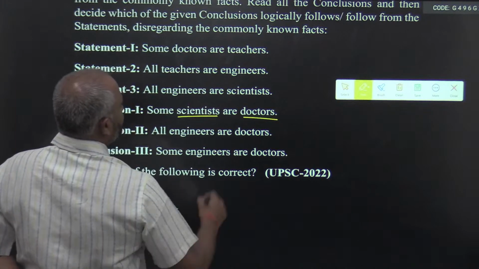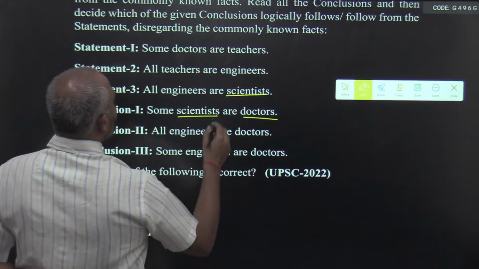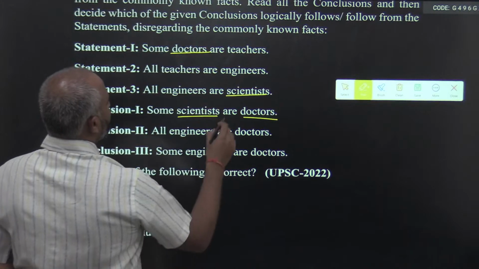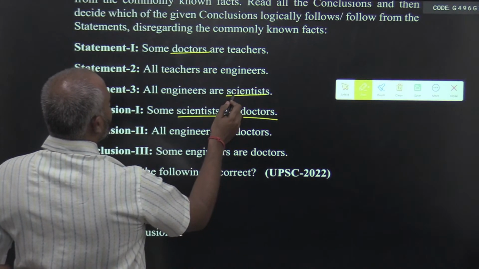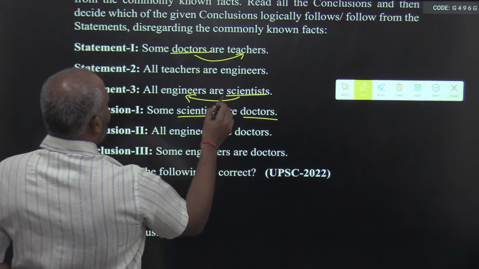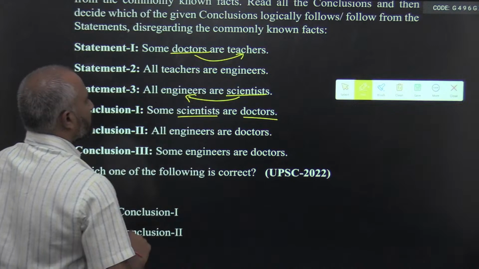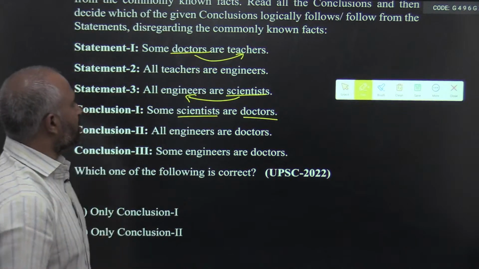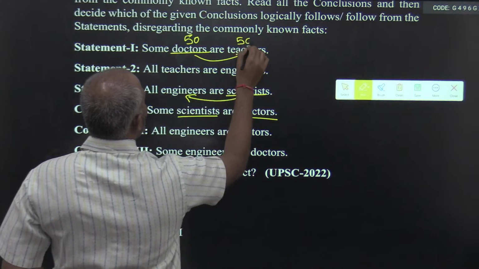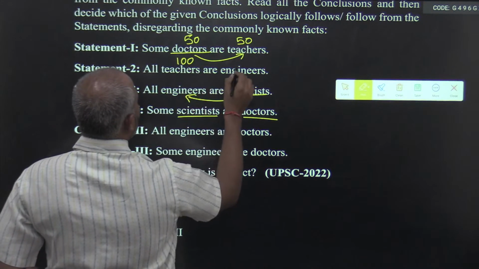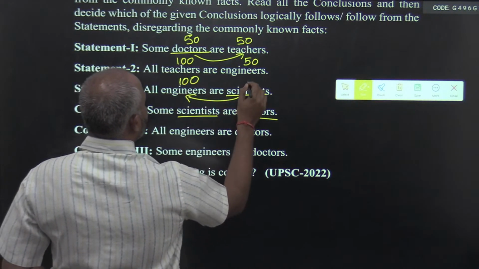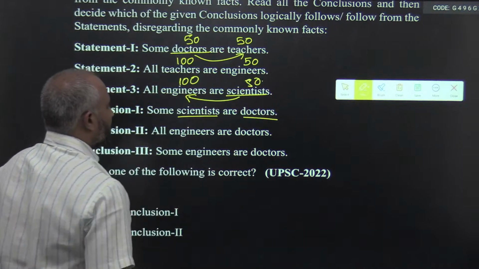So scientists are here, doctors are here. So the common element, for scientists it is engineers, for doctors it is teachers, and engineers and teachers are linked through this. So use the same rules. So this is 50, this is 50, this is 100, this is 50, this is 100, this is 50.